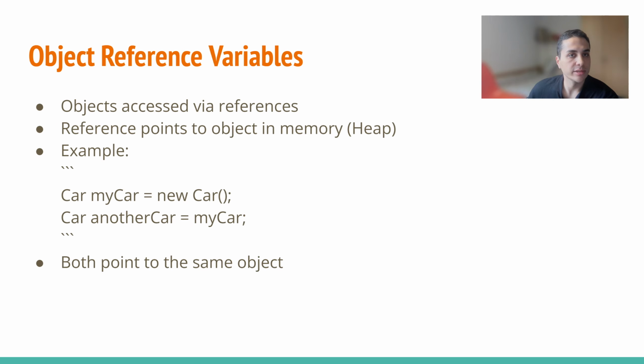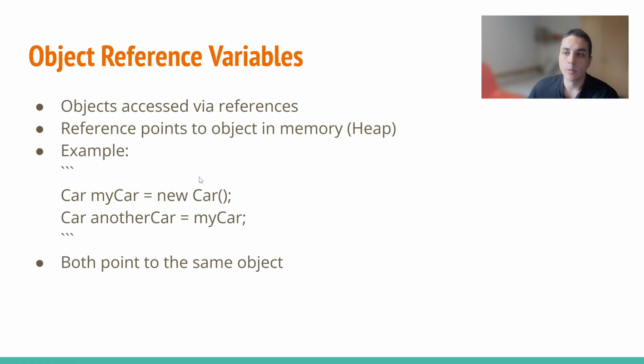We have object reference variables. In Java, non-primitive types like objects are accessed via references. An object reference variable doesn't hold the object's value directly, but instead it holds the reference, like an address or pointer. If you know some C or C++, you are familiar with addresses and pointers, which show you the location in memory, whatever the object is. That's why it's called a pointer.